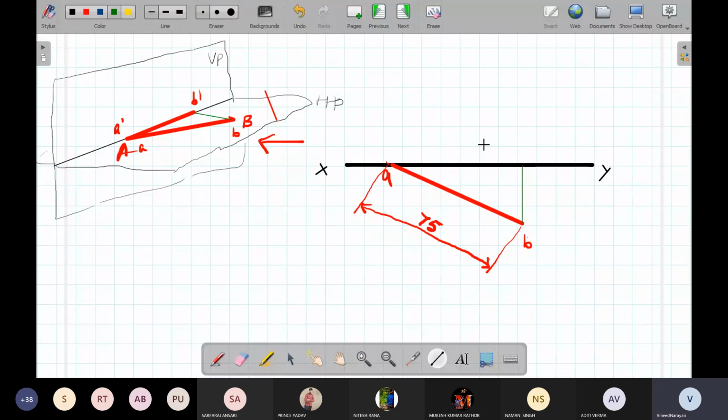Now I can draw the front view. Okay. So this is my A dash, B dash. Remember, this angle is 45 degrees.